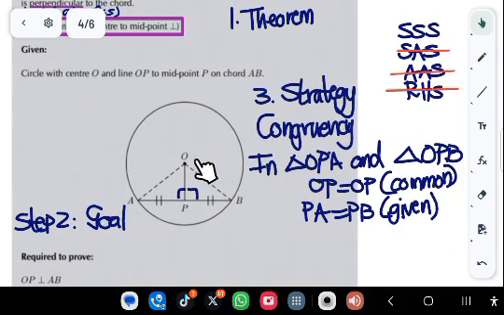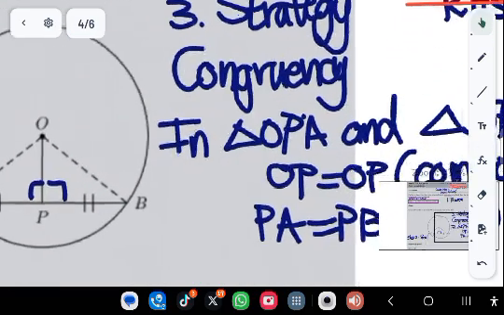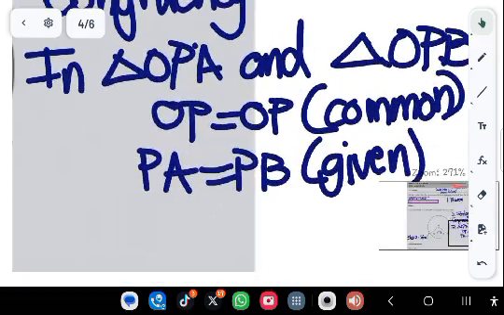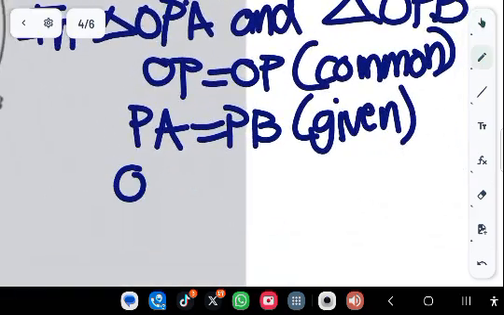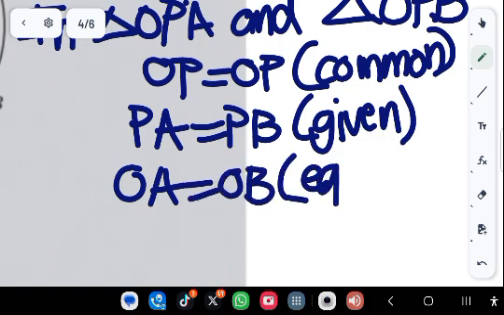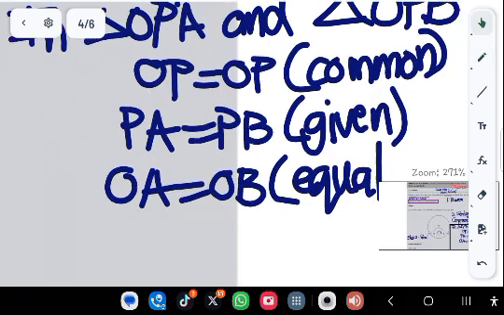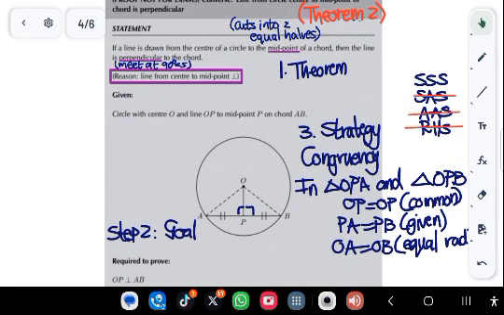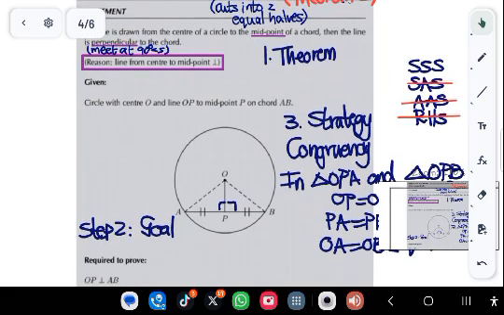And now we can use the fact that OA is equal to OB. Notice the order of the letters. OA equals OB, and that is equal radii. So the strategy from last time is very similar to the strategy we're using now.